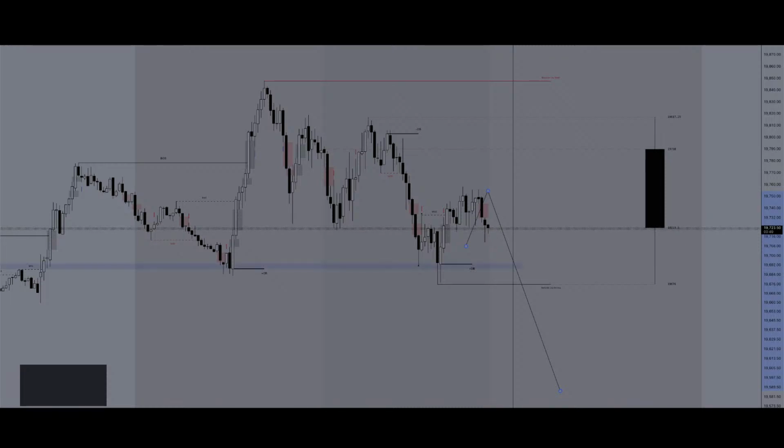Not even an entry there. It's crazy. Probably there.